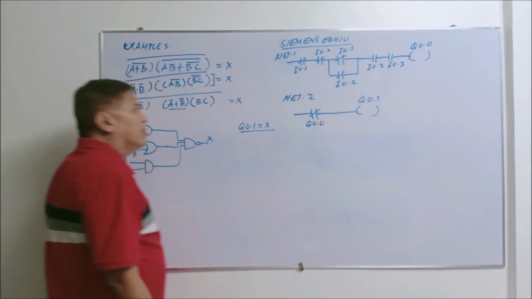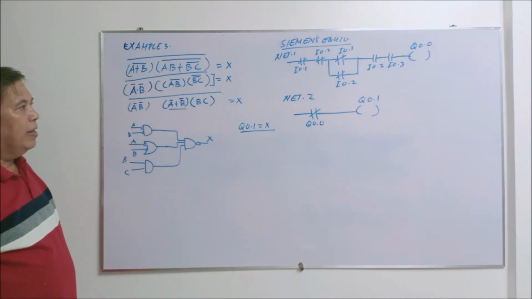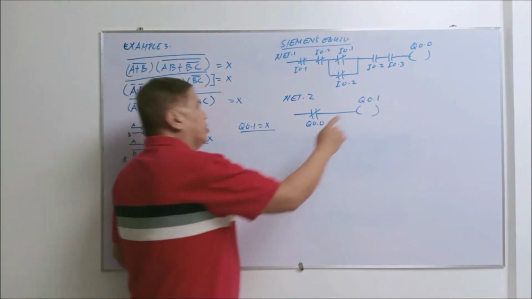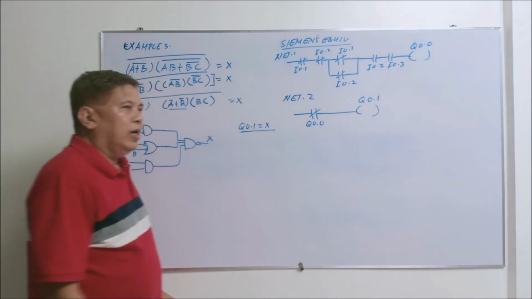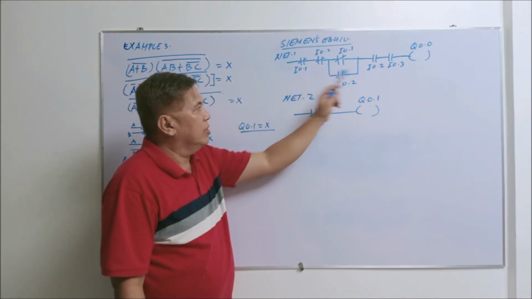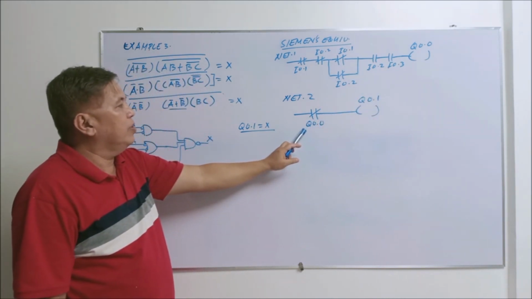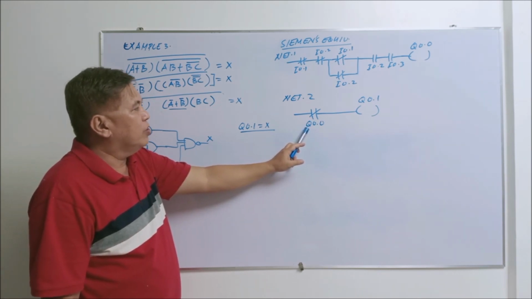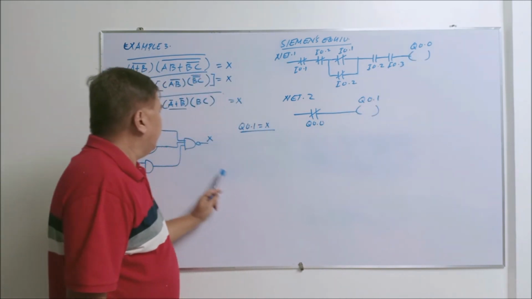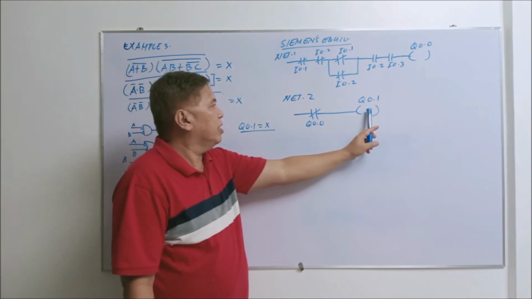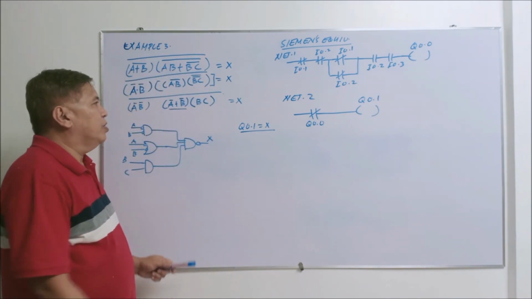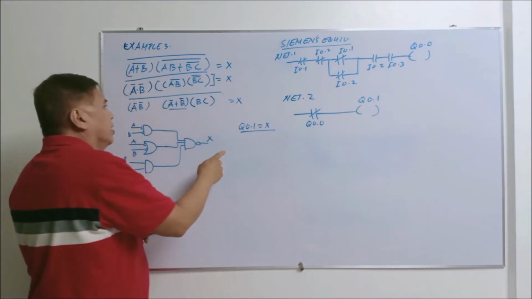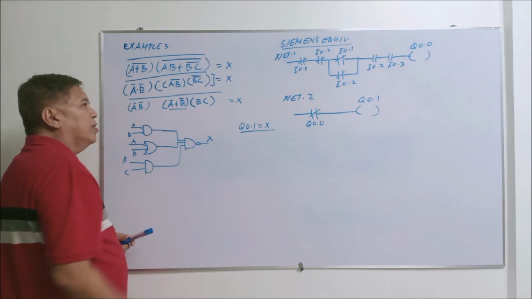Since we have an inverter, the final output Q becomes your LR for this network 1. Then you have your LR internal connection, which is represented by Q 0.0 here, and your final output X is represented by Q 0.1. This portion here is actually the equivalent of the inverter.